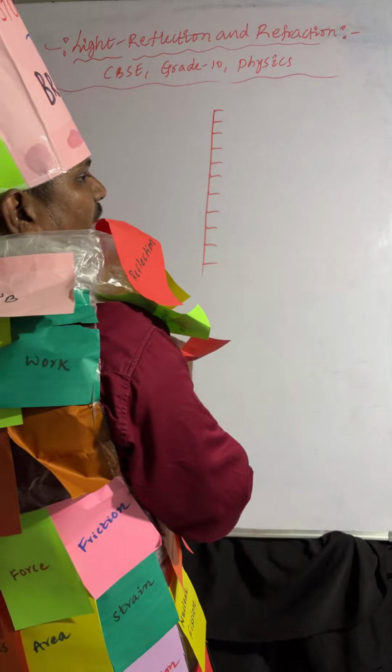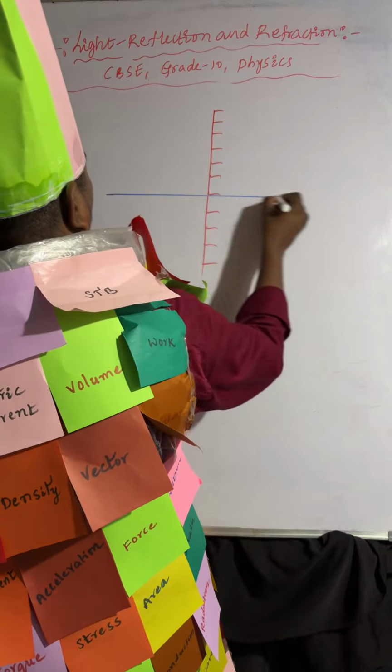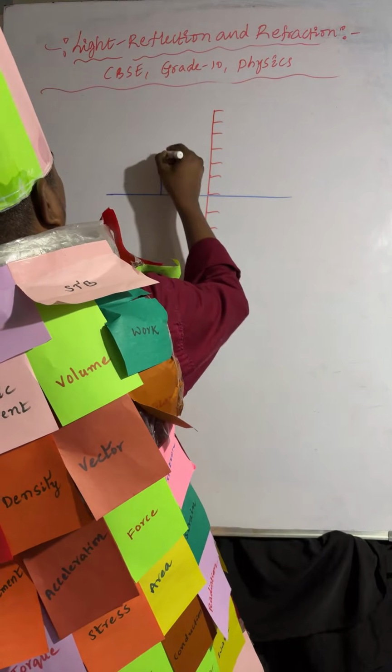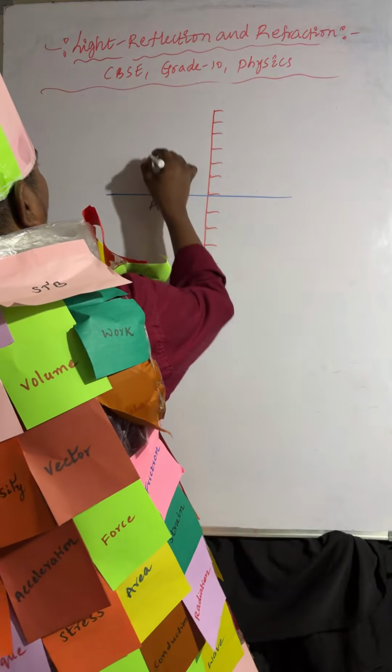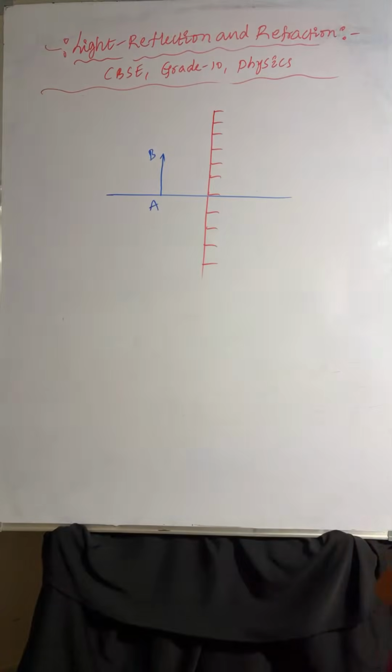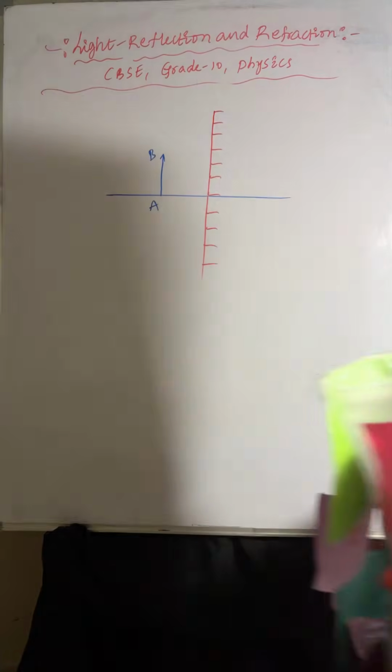Here this is the object. Height of the object is AB. Right. So how many light rays are required to form the image of the object? Minimum light rays are required to form the image of the object.